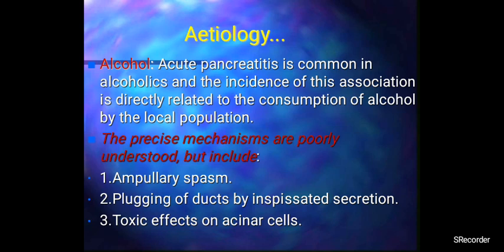When you take too much alcohol, it can cause spasms of the ampulla of Vater, and that can lead to a reflux of bile into the pancreatic acini. Second is the plugging of ducts by inspissated secretions. Third, when you take too much alcohol, it can form toxic metabolites which can have toxic effects on the acinar cells of the pancreas.